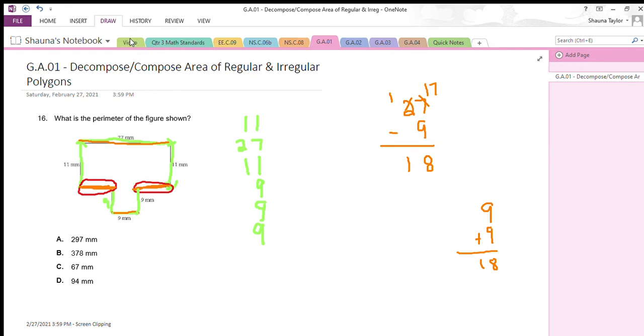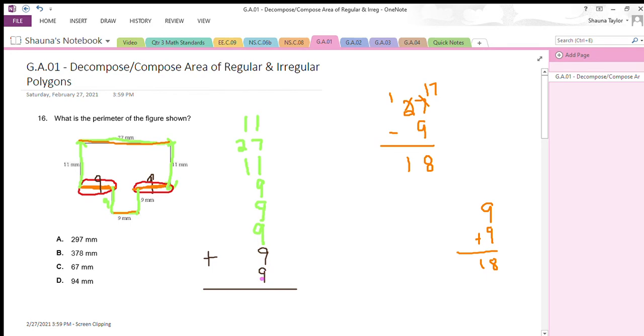So I now know what this number is. So let me pick black. Thinner number. So I now know that this is 9 and this is 9. So I can add those numbers here. 9 and 9. So now I got all these numbers. This is my perimeter. And you just do simple math. Okay, so let's see. 1, 2, 3, 4, 5.